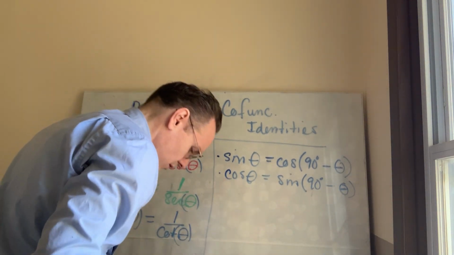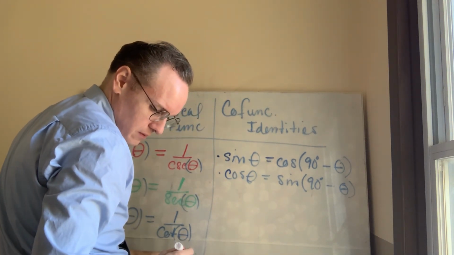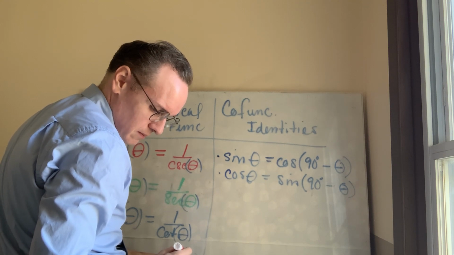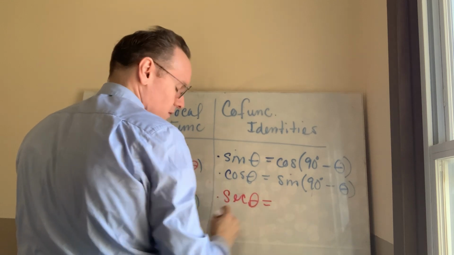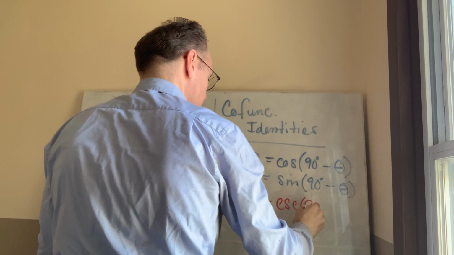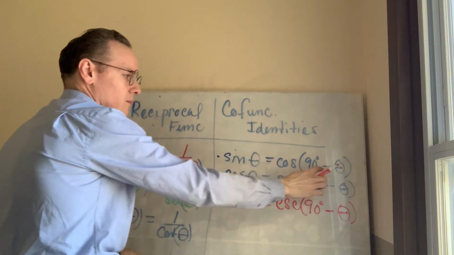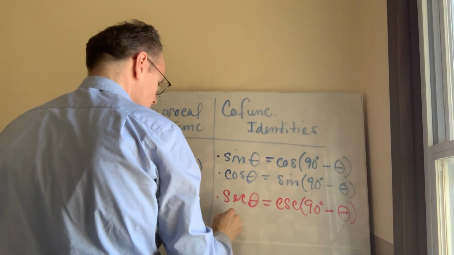I'll make this red. Secant of theta is cosecant out of phase by 90. Whatever the angle number is, you subtract from 90, and this vice versa.